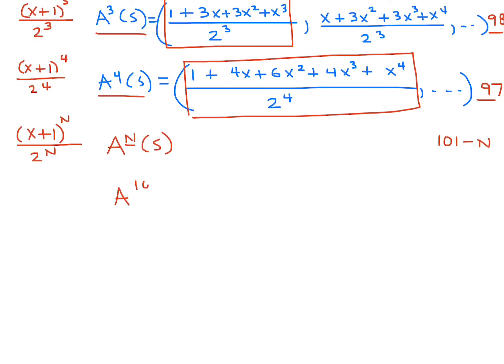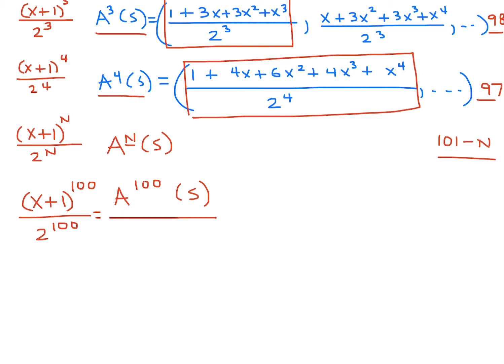So we are interested in A_100, if you remember. That is what they were asking us. Well, that's going to be (x plus 1) to the 100 over 2 to the 100. And what's interesting about A_100, how many terms will there be using this formula? 101 minus n, which is just one term.